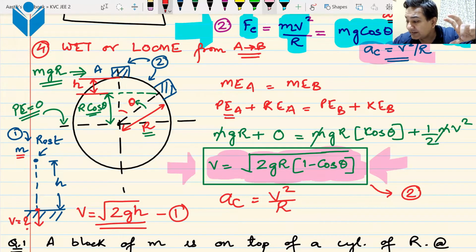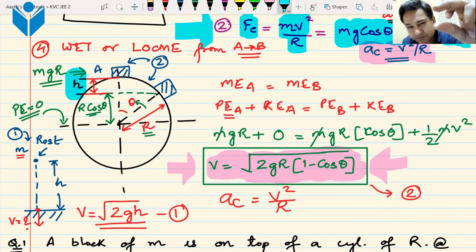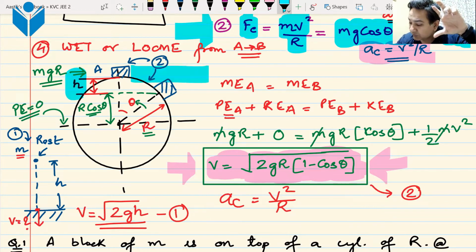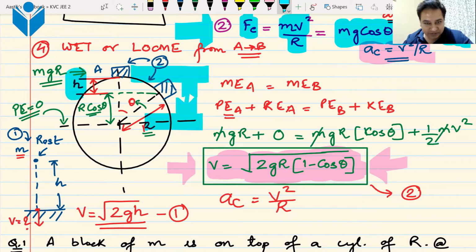I hope everyone can see this. And you can simply see that this height that this block has fallen down is nothing but total height r, minus r cos theta. It is r minus r cos theta.